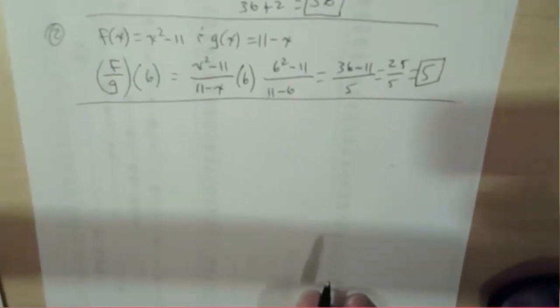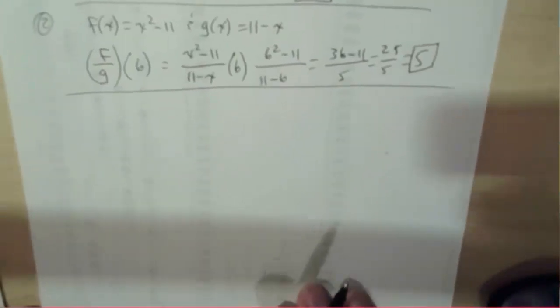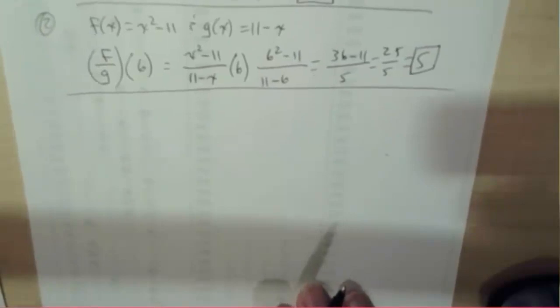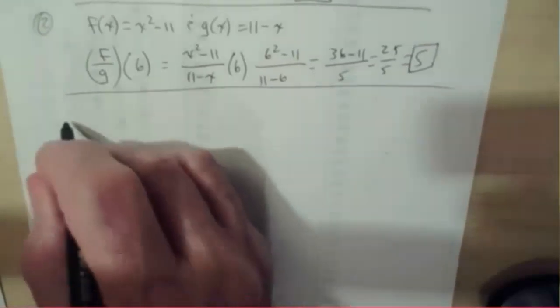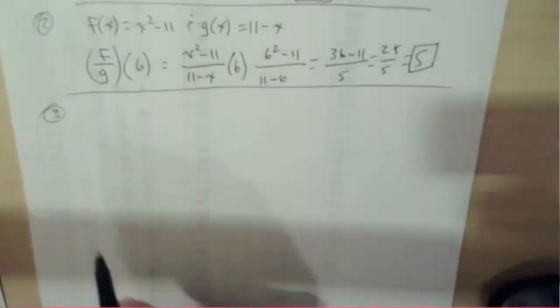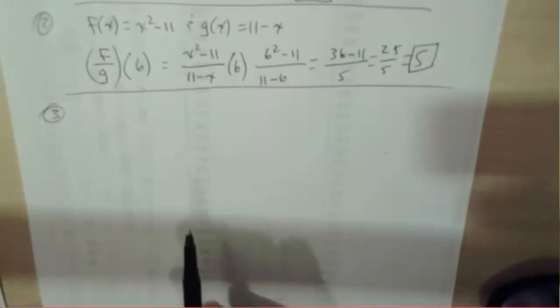And number 3, you're to use the graph to evaluate. Now, I don't have the graph of the problem that you sent to me, so I'm going to just make one up. This is going to be wrong, but I think you'll get the idea.